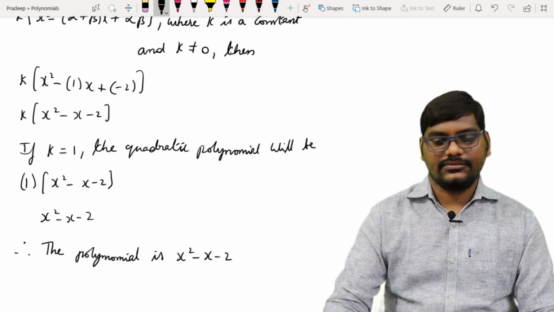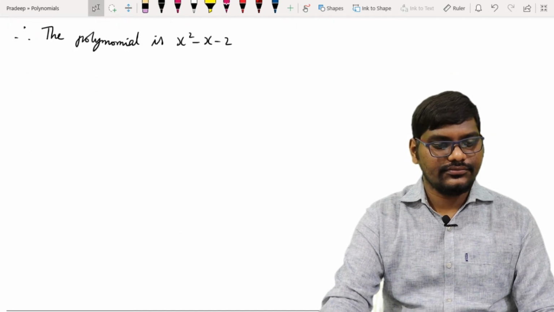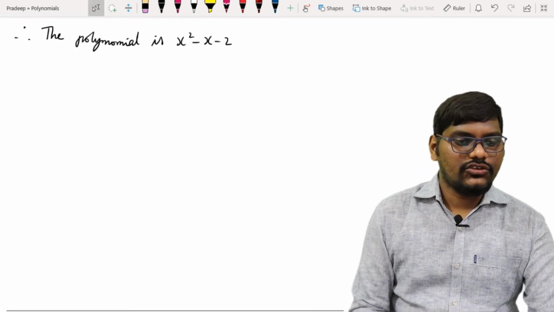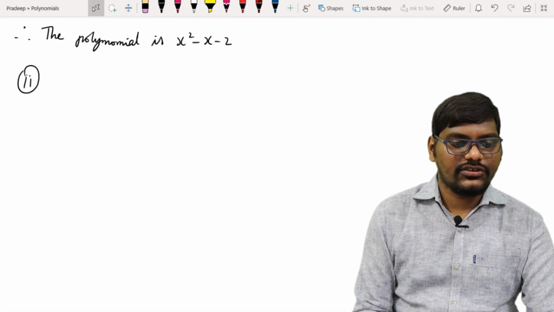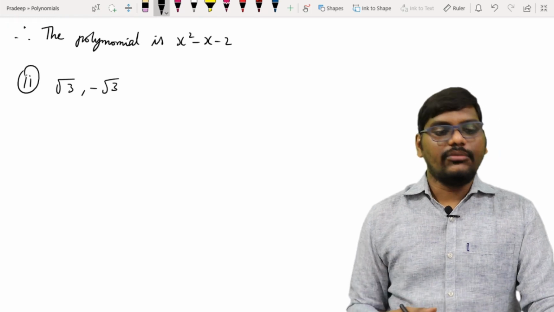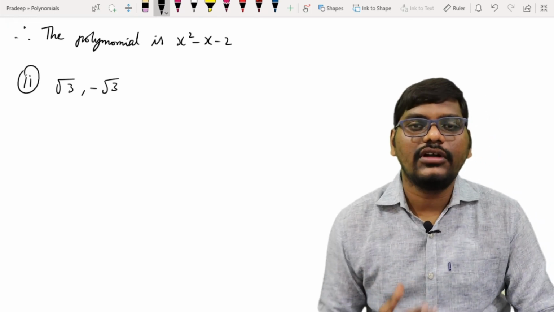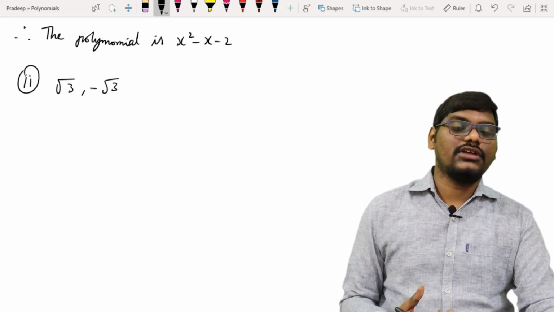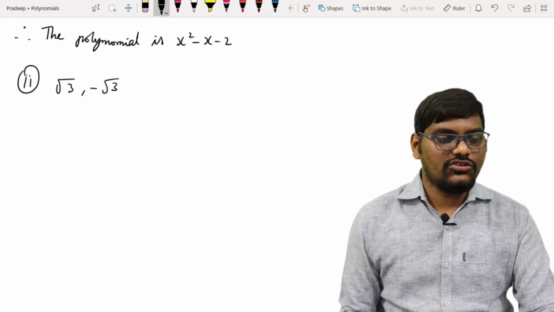Let's go for the second one. The second question is root 3 and minus root 3. These are the two zeros of the polynomial. By using these two, we have to find the quadratic polynomial. So let's do this.